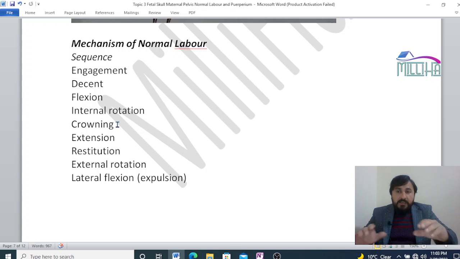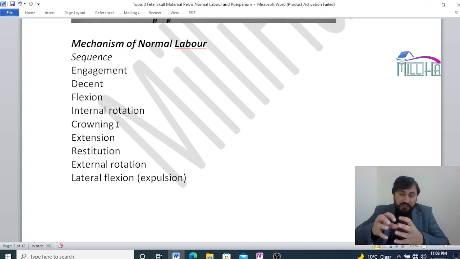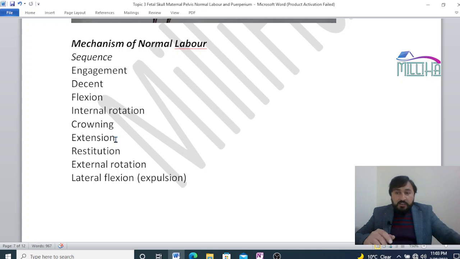That is called crowning, because the head is crowned by the external os of the vagina. After crowning comes extension. The head first underwent flexion, now it undergoes extension, and with the extension the head is born outside from the vagina.